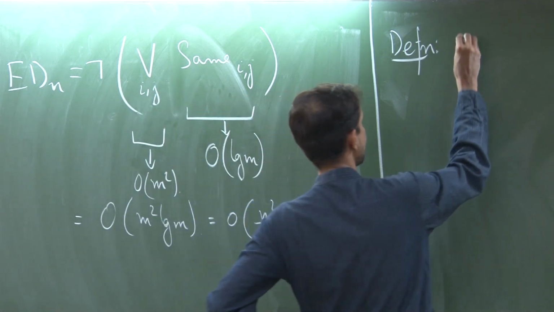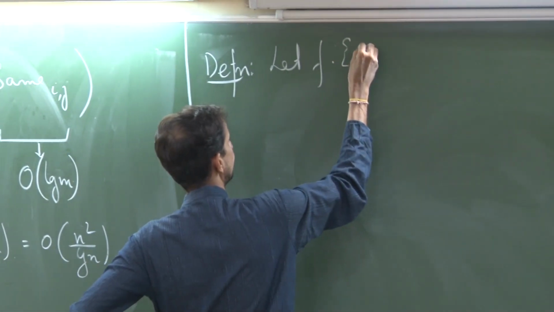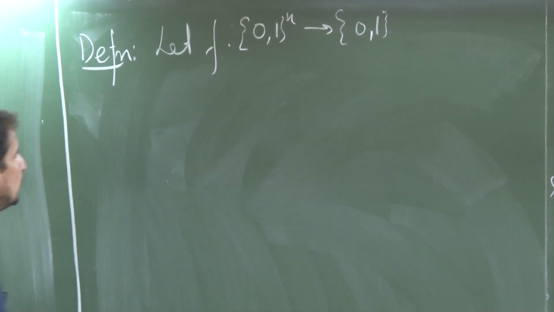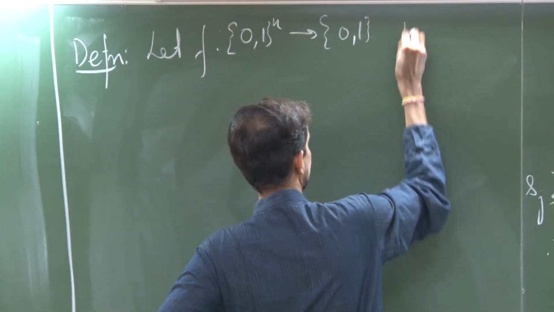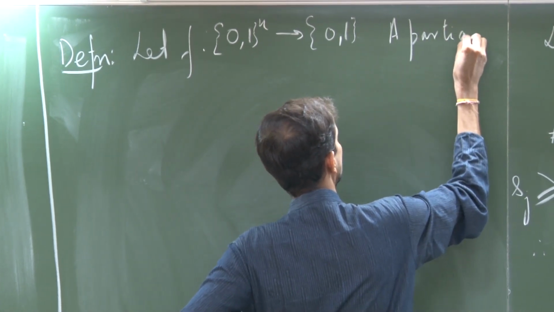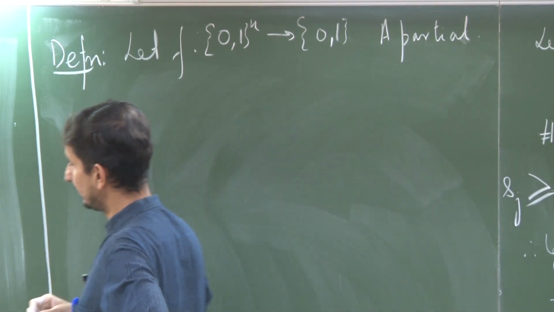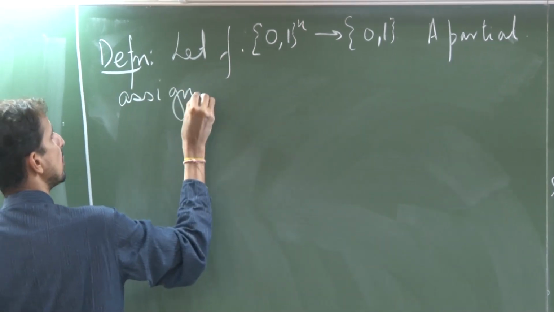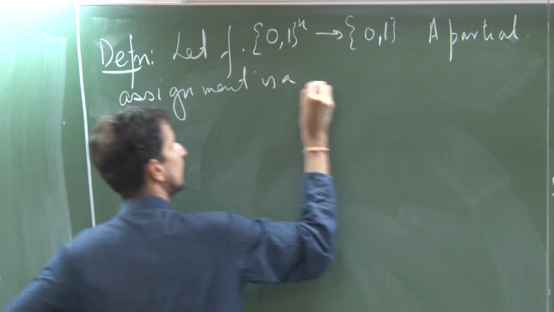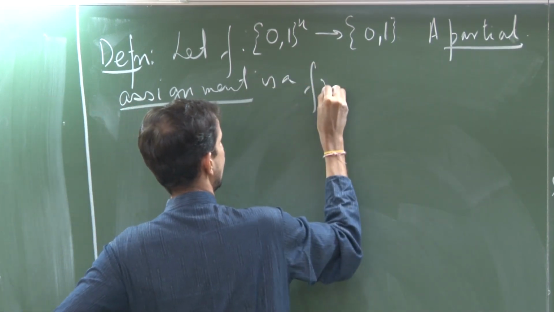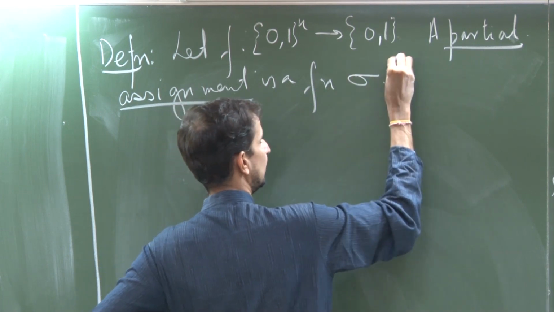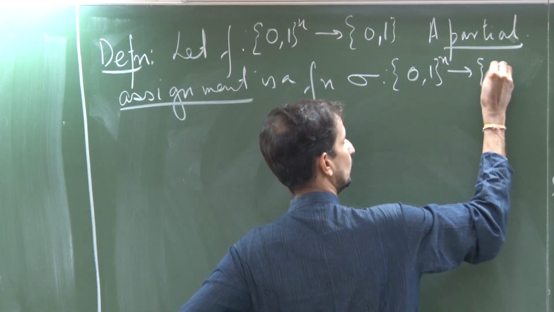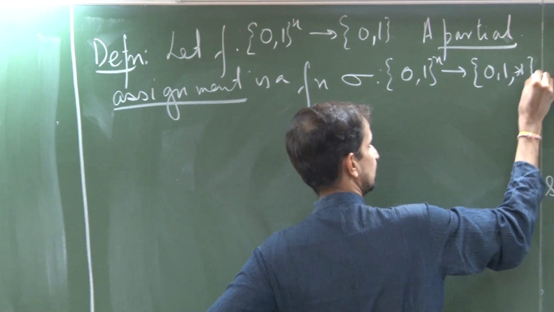Let f be a function, and a partial assignment is a function, let us call it sigma, from {0,1}^n to {0,1} and some symbol star.